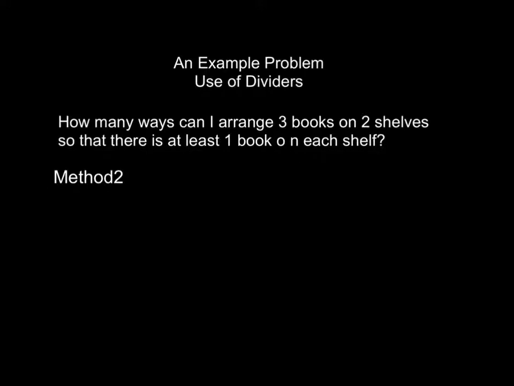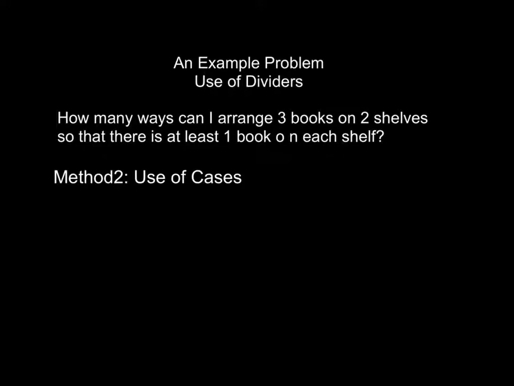There's a second method of doing this problem that comes to mind. Like many other combinatorics problems, there's often more than one way to solve a problem, which is nice because then you have a way of checking your answer. And this method is use of cases. And actually, use of cases is probably just as important as use of dividers.